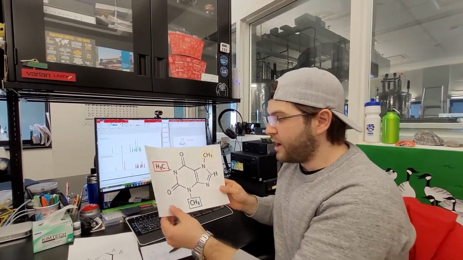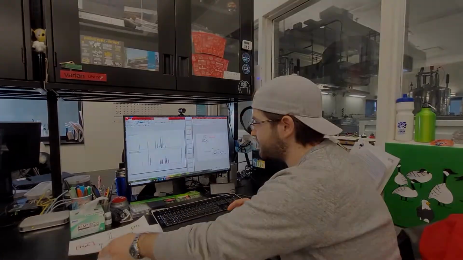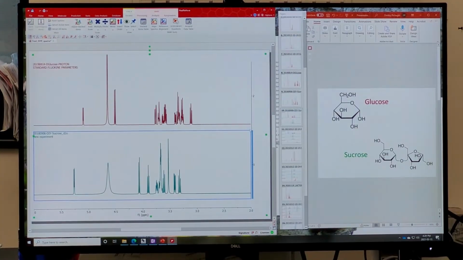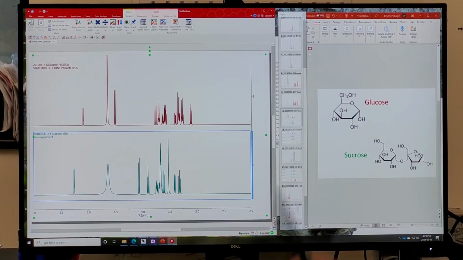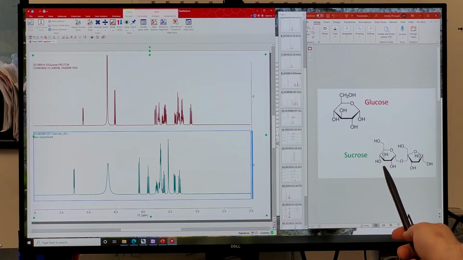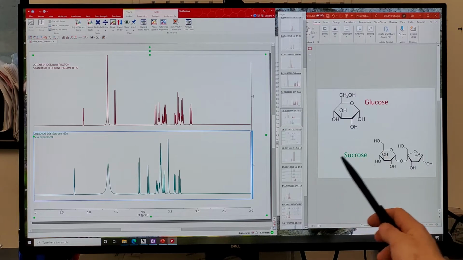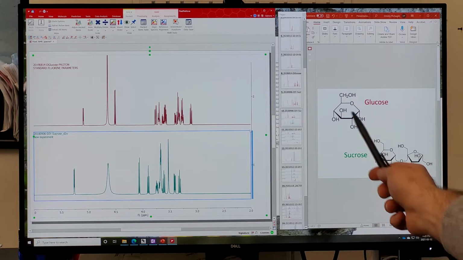So, I will actually start with something a little bit more interesting. Let's talk about sugars. Over here, you can see glucose and sucrose, two very popular molecules to add to beverages. And they have similar structures.